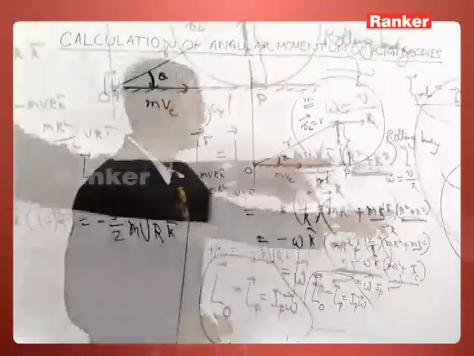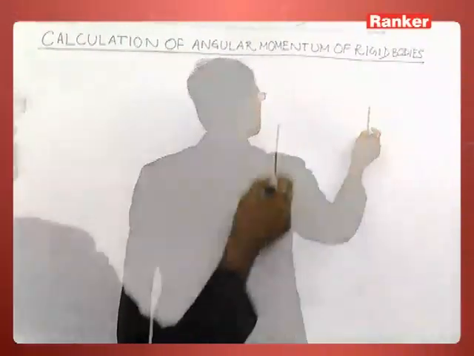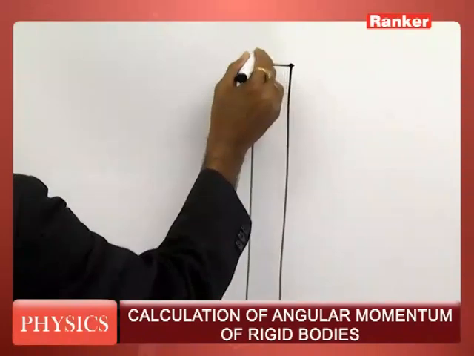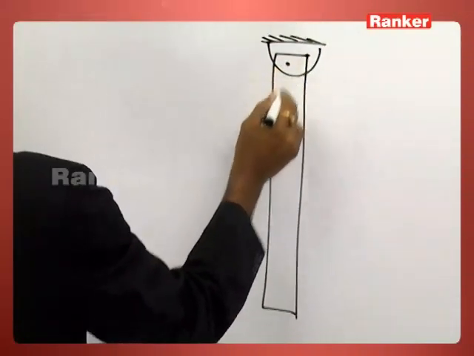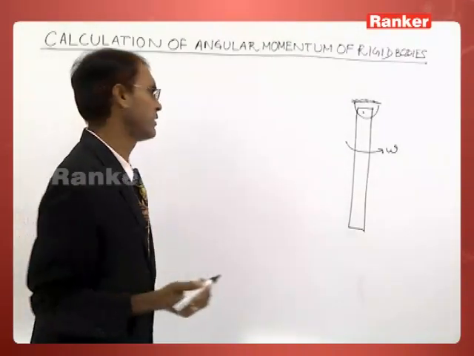Let us take this example now. Let this rod rotate with an angular velocity omega.